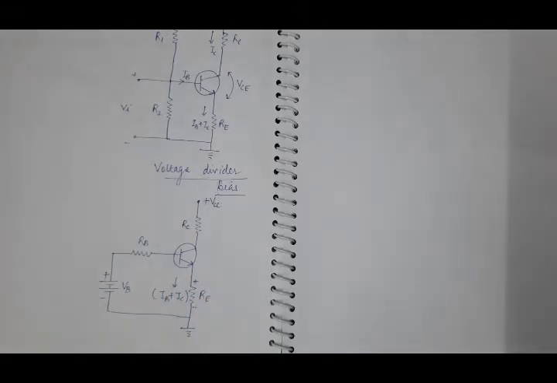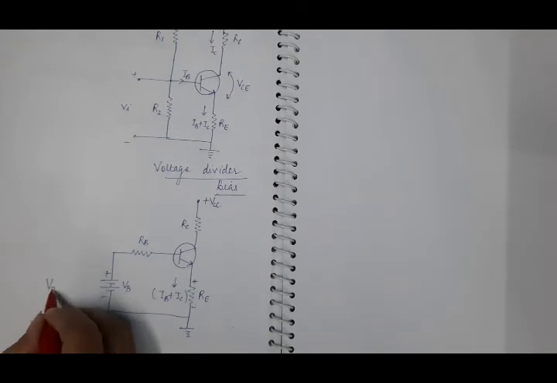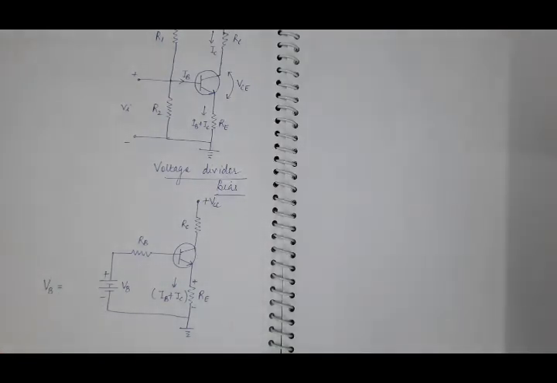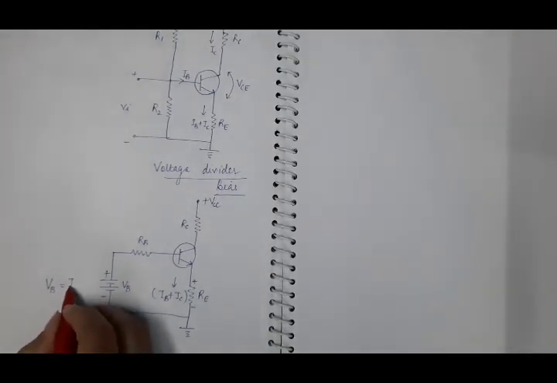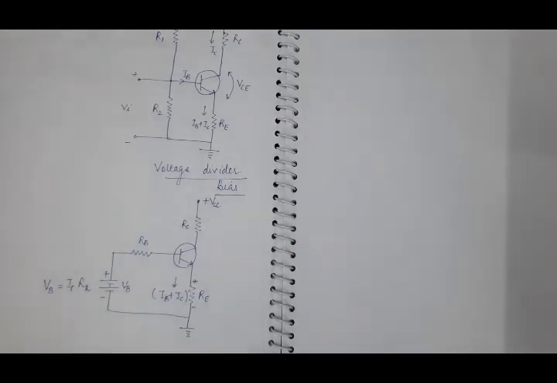And at the same time, this voltage VB, its value will be equal to the current I1 into R2. And what is this current I1?